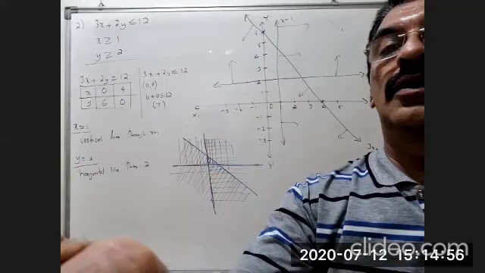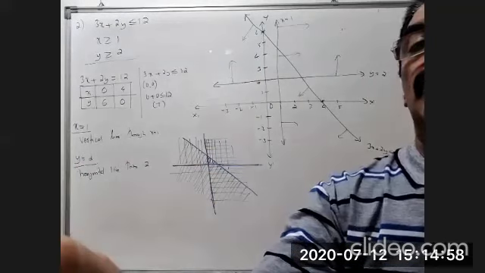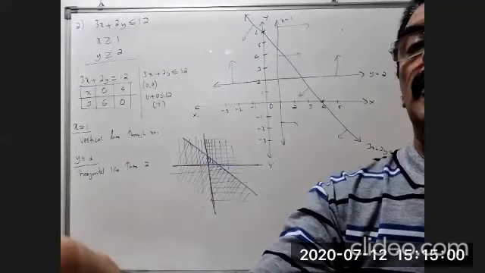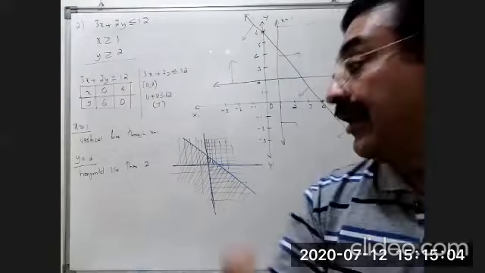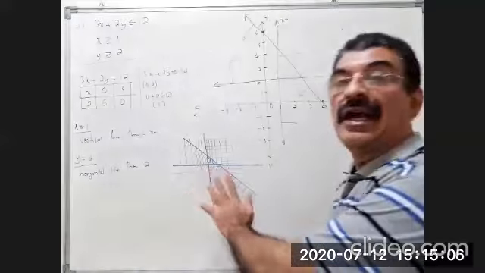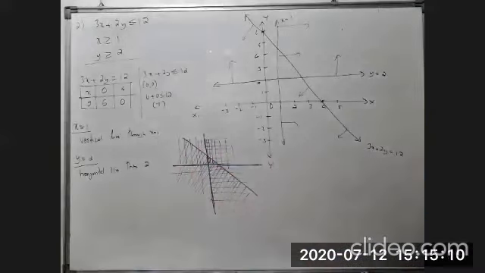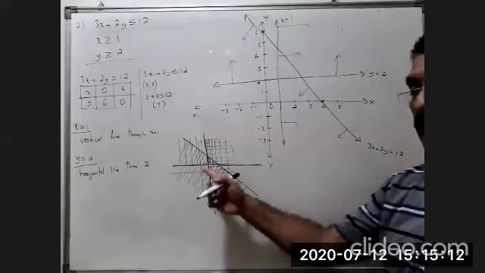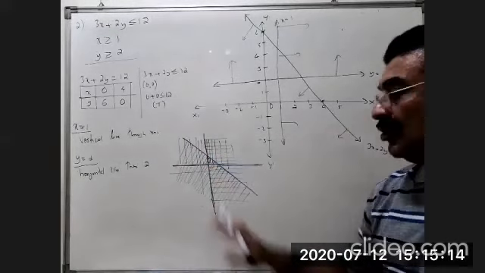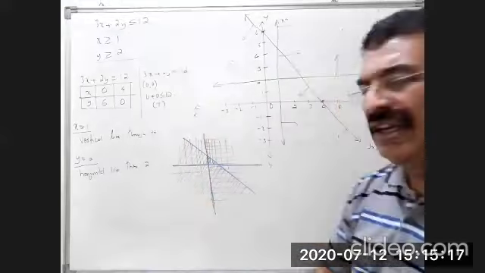Someone asked me, do we have a rough figure? No, see this one, no need of drawing. I have just drawn it to understand. See, this is the actual figure. You don't go for shading everything. It is totally unshaded.